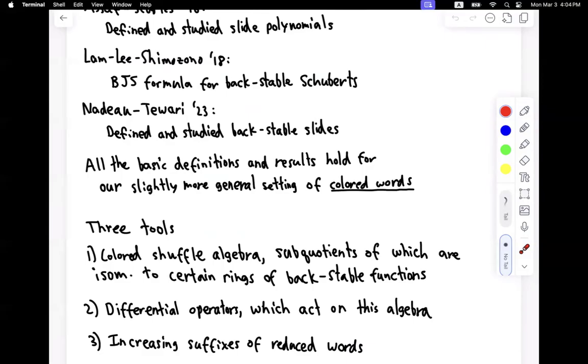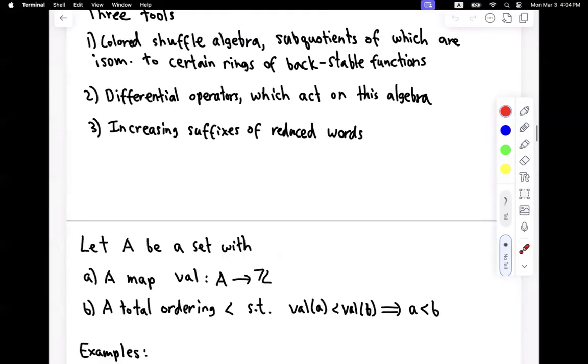This algebra has subquotients that are isomorphic to certain rings of backstable functions, of which the Schuberts and slides form bases. The second tool is certain differential operators that act on this algebra. The third tool, which we're probably not going to really talk about, is the idea of increasing suffixes of reduced words. Okay, so let's dive in.